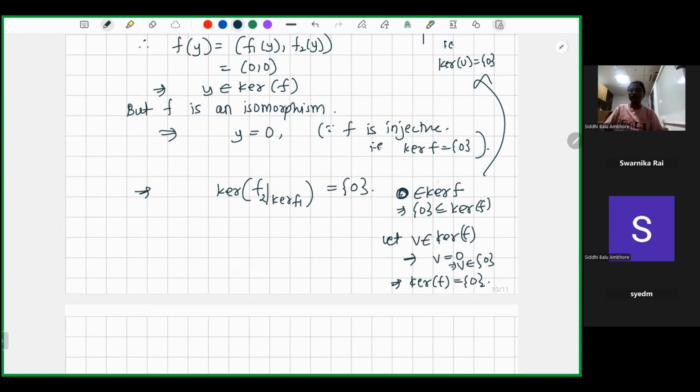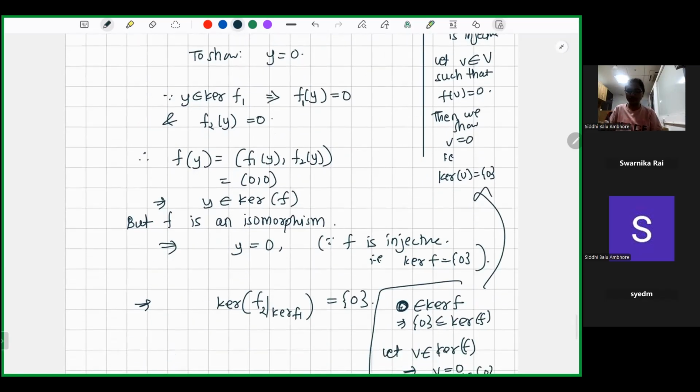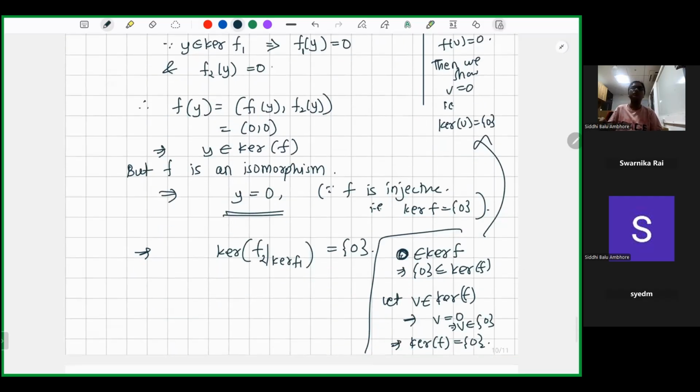This is pretty basic, but that's what I did here. I started with some element in the kernel and showed that it is 0. So therefore the kernel has to be 0, because 0 is anyway inside the kernel.